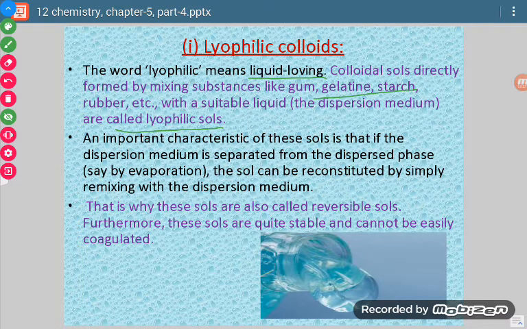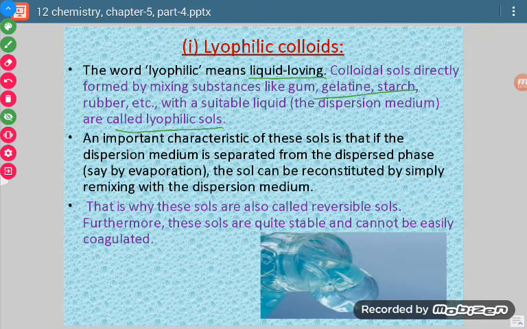Now an important characteristic of these sols is that if the dispersion medium is separated from the dispersed phase, the sol can be reconstituted by simply remixing with the dispersion medium.